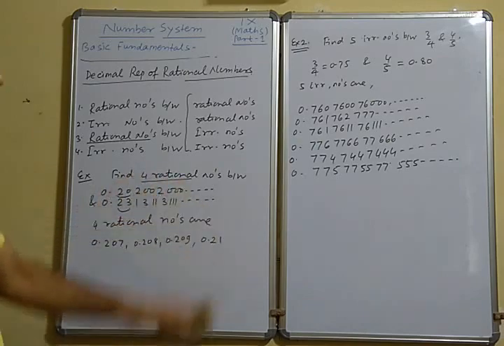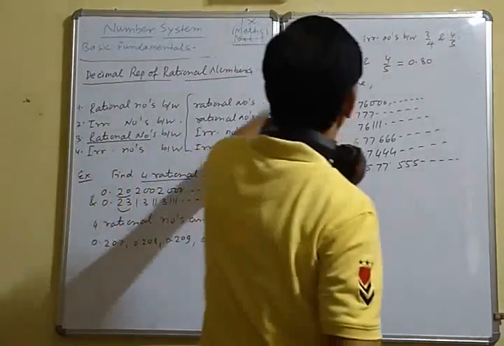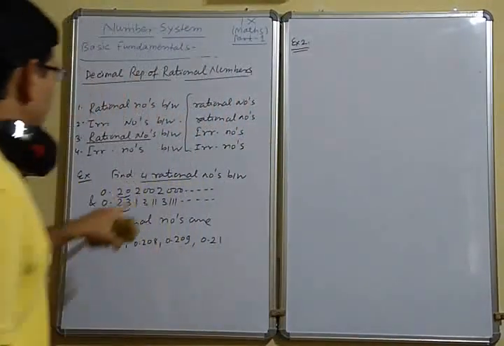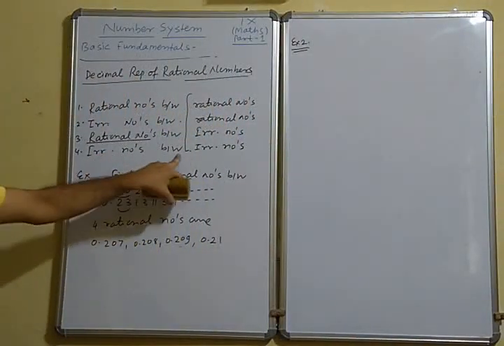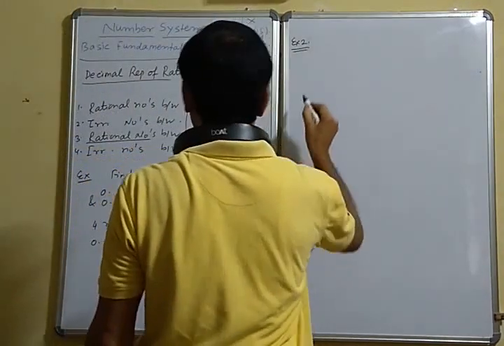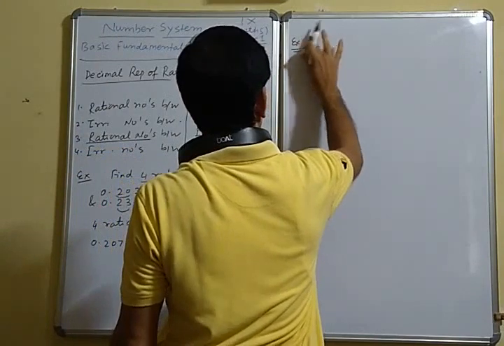Now the last example, example number 4. We have to insert irrational numbers between two given irrational numbers. Consider the same example.